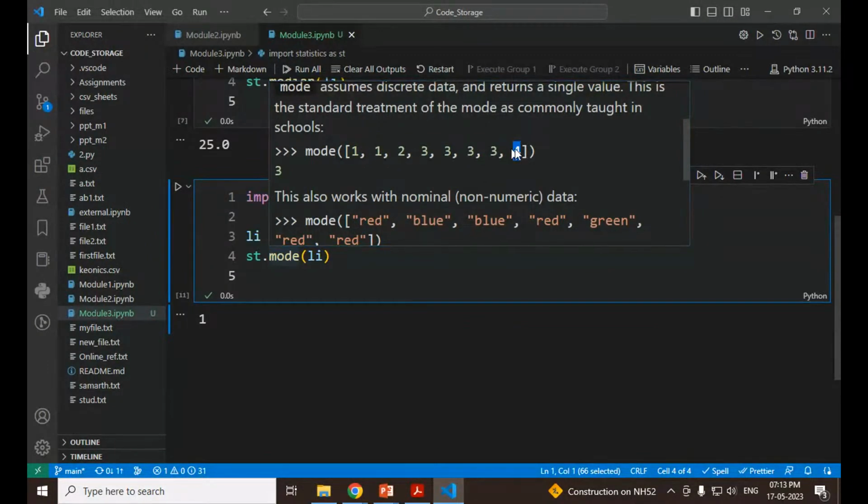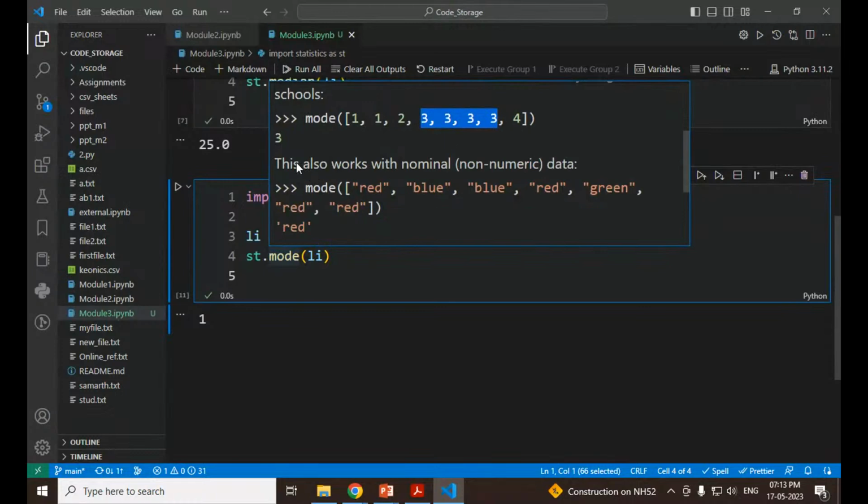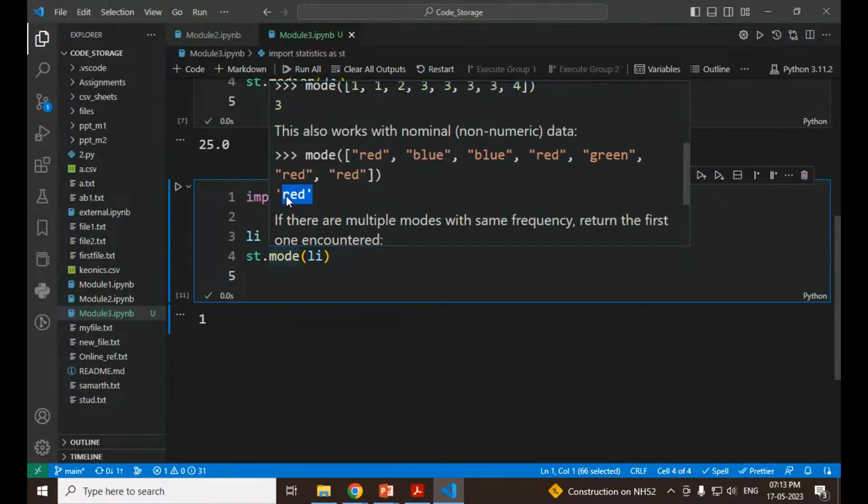This also works with non-numerical data like red, blue, which are words. Red is there 4 times. That's how it is going to repeat.